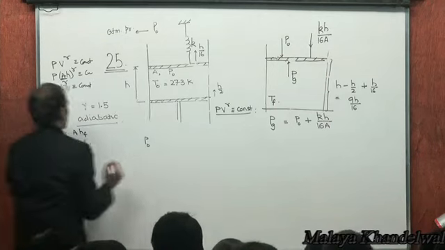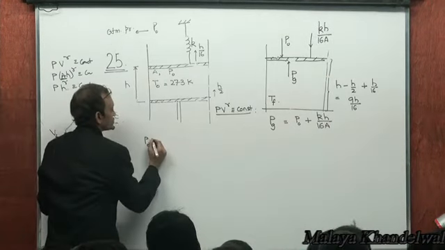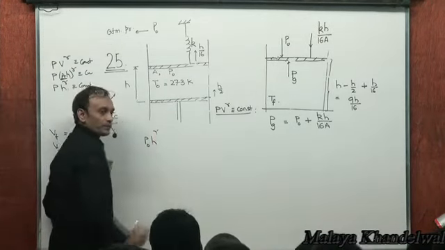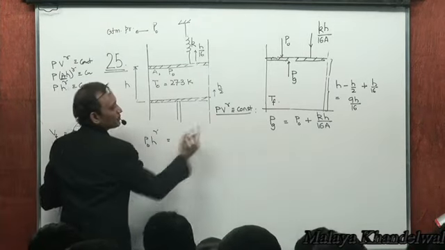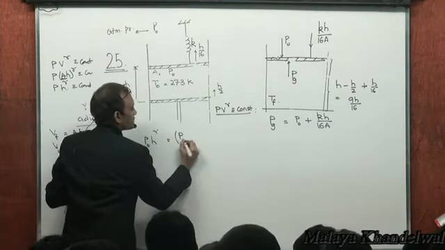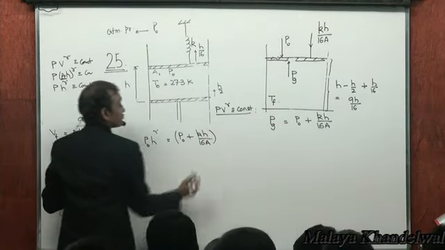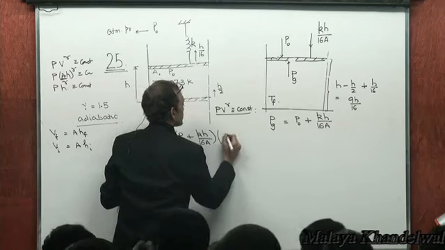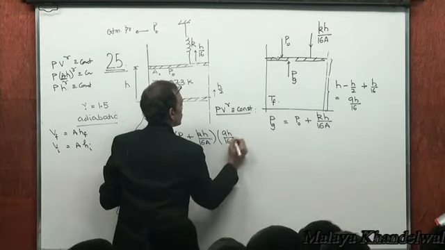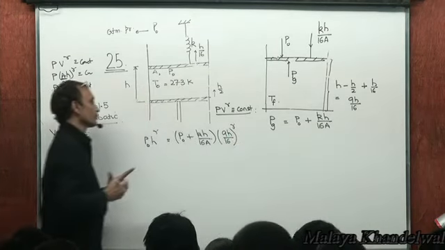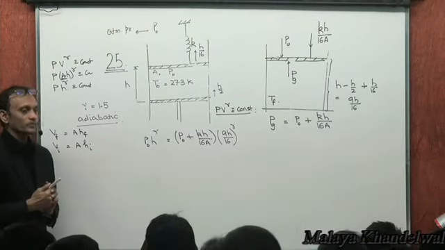So P naught into the initial height, which is h, to power gamma, equals the final pressure, which is P naught plus kh by 16a, into the final height, 9h by 16, to power gamma.